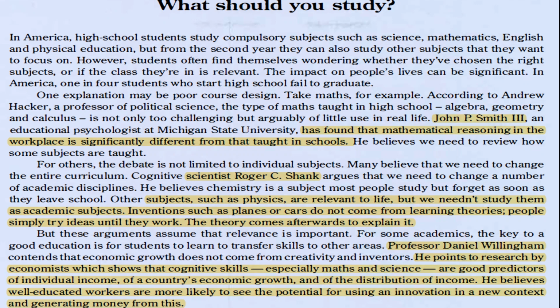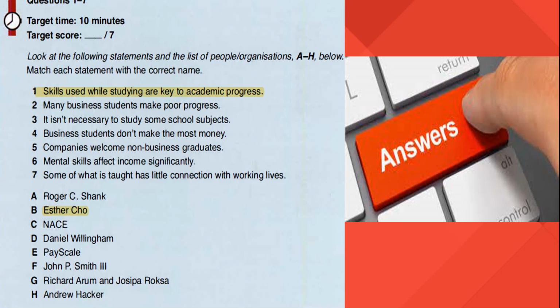So, other subjects such as physics are relevant to life, but we didn't study them as academic subjects. Inventions such as planes or cars do not come from Latin theories. People simply try ideas until they work. The theory comes afterwards to explain it.